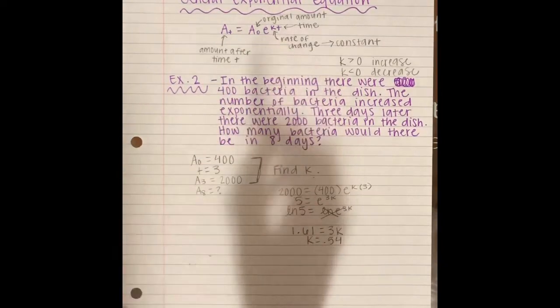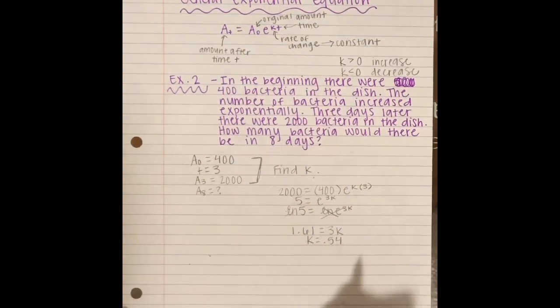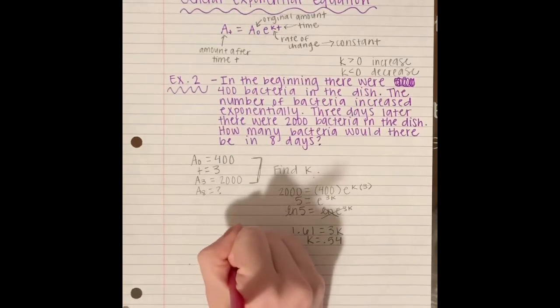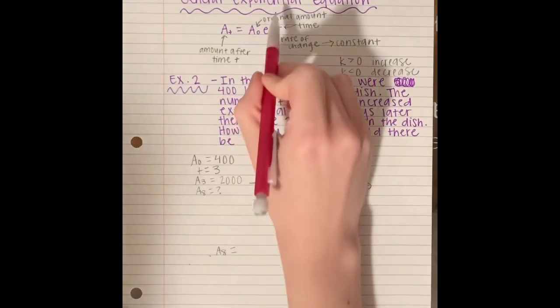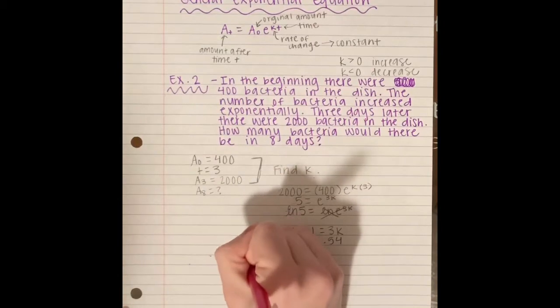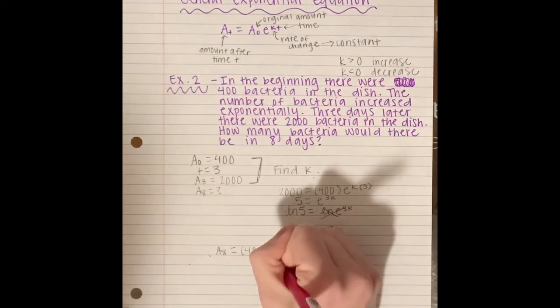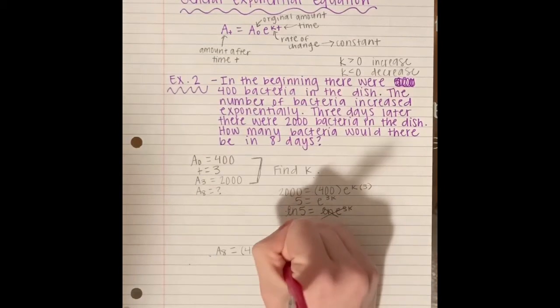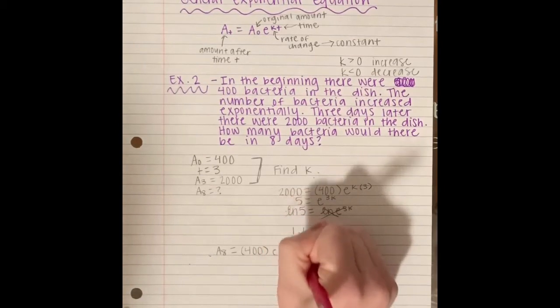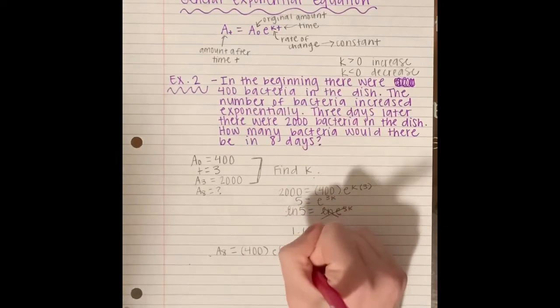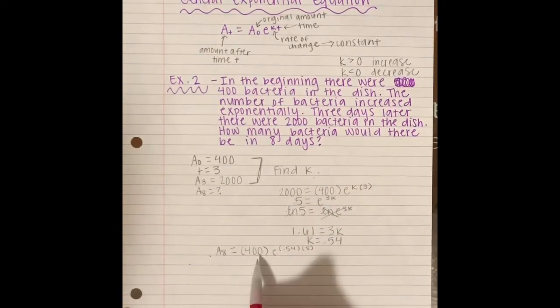So now let's plug back into the equation to find A sub 8. So A sub 8 is going to equal original amount, which was still 400. Even after 8 days, the original would still be 400. e to the K, 0.54, T, which in this case is 8 days. Now I have nothing missing on this side.